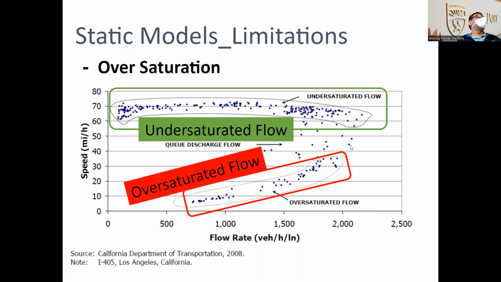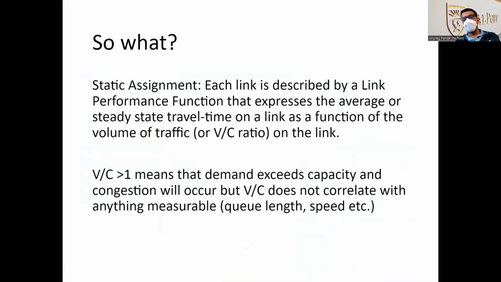You just don't know. From day to day, the curve could be very well defined over here. You could see that most of these points fall into that. But once you are in that saturated flow category, all bets are off. So that's why, when V by C exceeds 1, you really don't have good relationships between travel time and queue length and all these measurable things that you can actually measure. They could be all over the place.